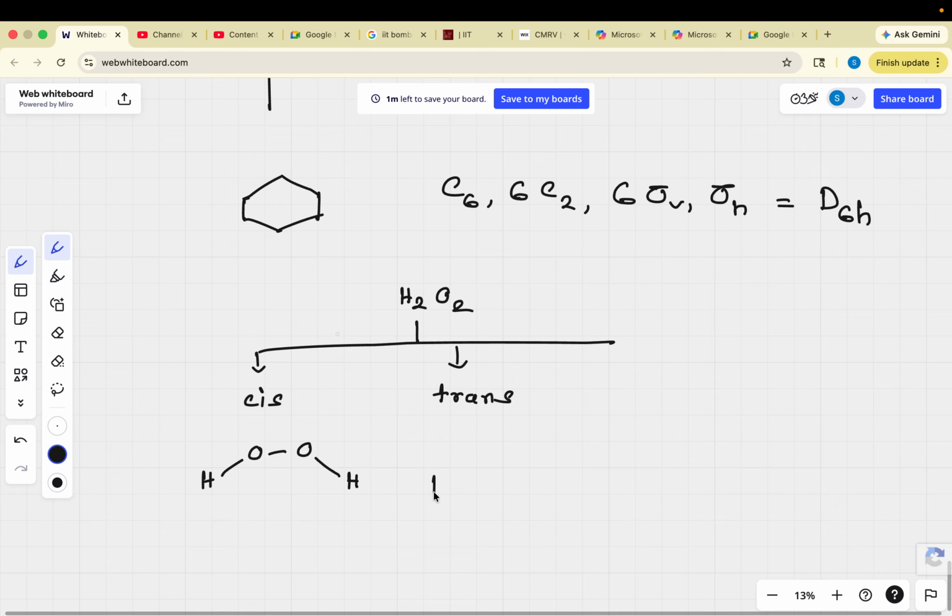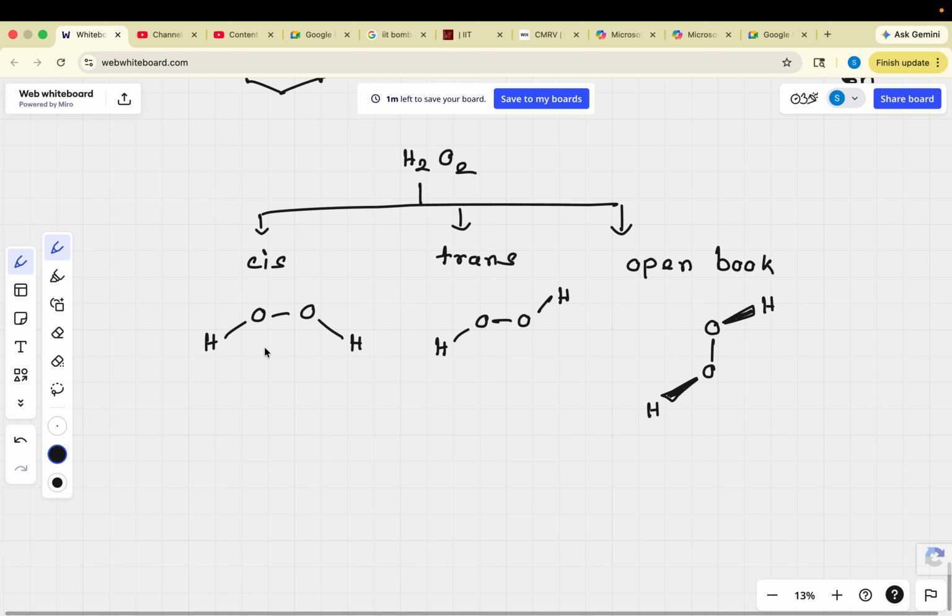Trans H2O2 means you have hydrogen, then oxygen, oxygen, hydrogen, like this. And another is the open book form, where you have oxygen, oxygen, and hydrogen above the plane on each.